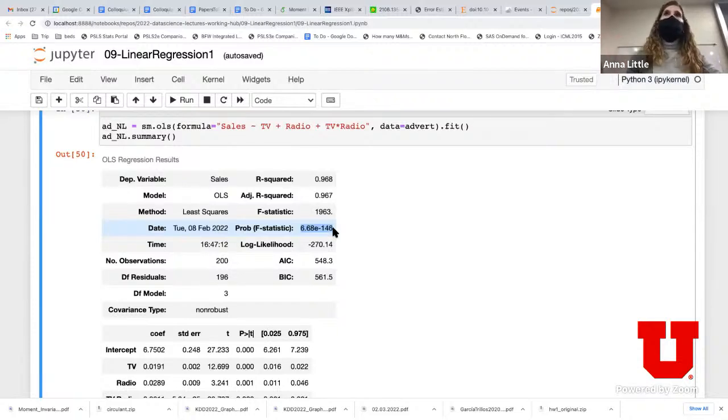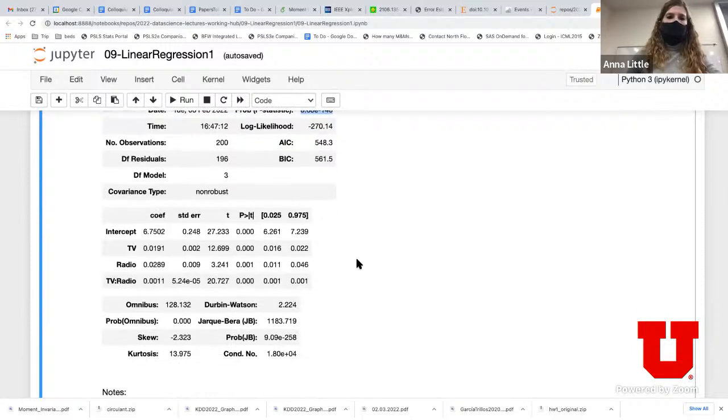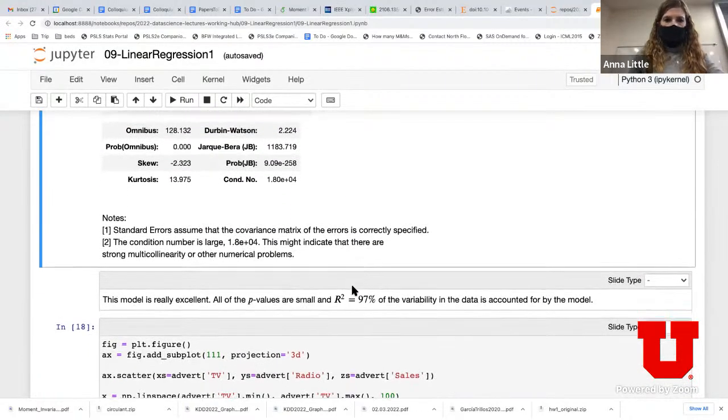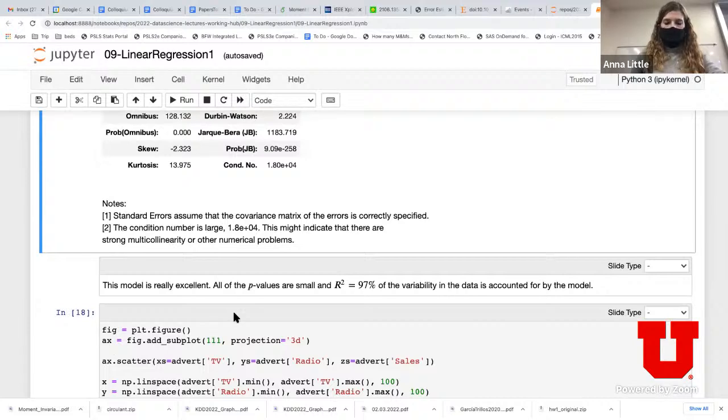At least one of the coefficients is significant. And then we can look more closely at the individual coefficients and their p-values, in this column right here. And we see that they're all significant, right? The interaction is significant. Radio and TV all have small p-values. So we've finally gotten a really excellent model with an R-squared of 97% and all coefficients significant.